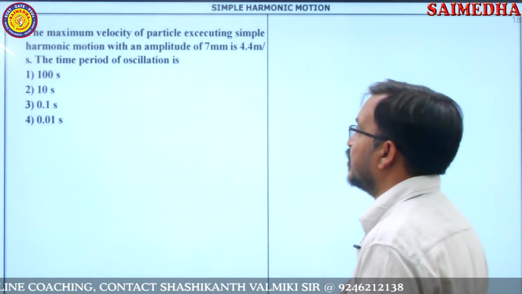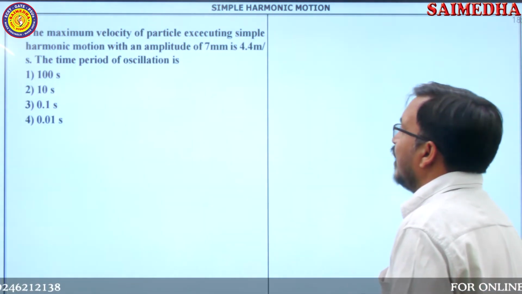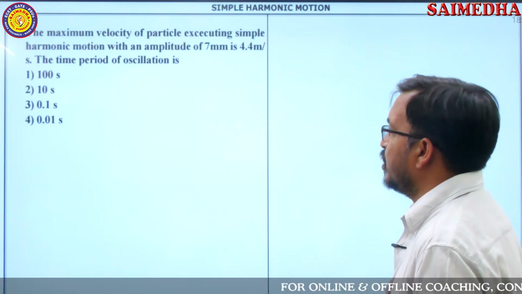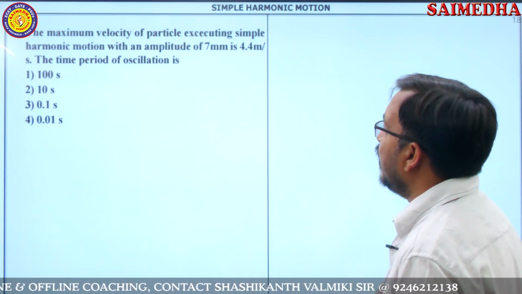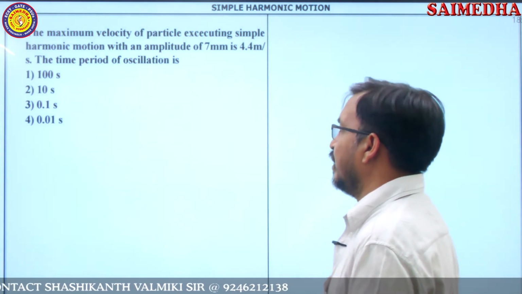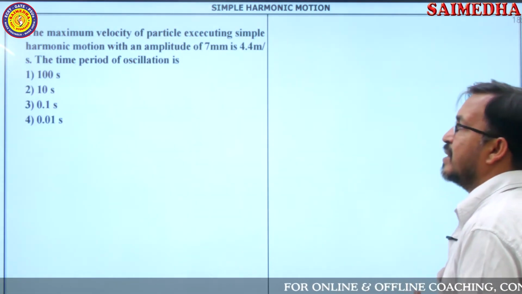This is the 6th question. The maximum velocity of a particle executing simple harmonic motion with an amplitude of 7 millimeter is 4.4 meters per second. Then the time period of oscillation is?